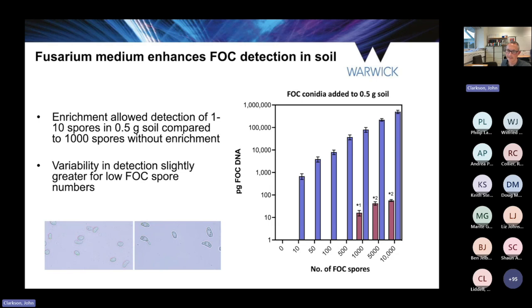And we can detect down to about 1,000 spores per 0.5 gram of soil. Whereas with the enrichment, we can go to at least 10 spores within that sample, or even less than that. So we were confident then, at least from a lab point of view, that we had increased the sensitivity of our test using this enrichment.